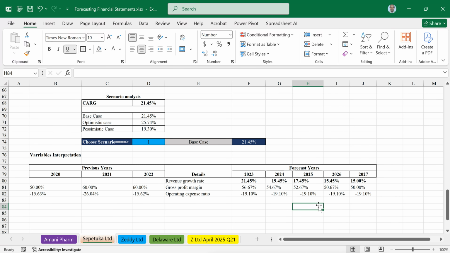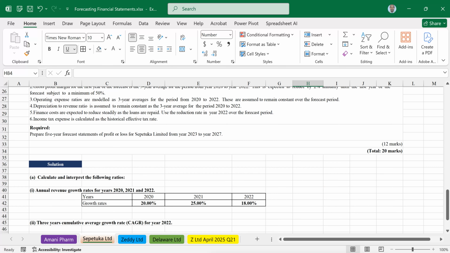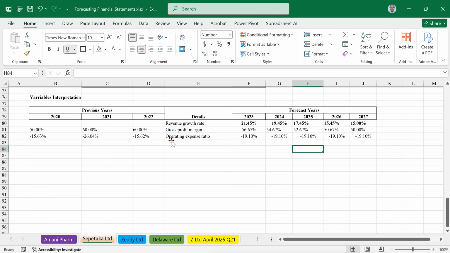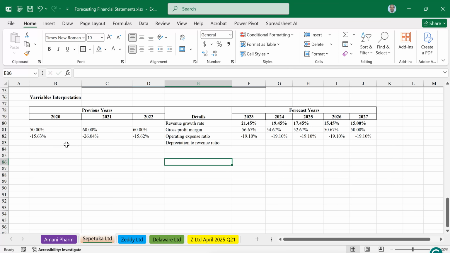After that, number 3, if not 4, depreciation to revenue ratio is assumed to remain constant as a 3-year average from 2020 to 2022. That is depreciation to revenue ratio.